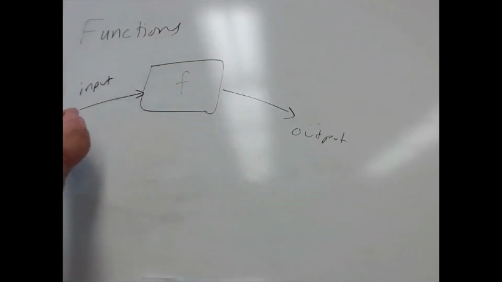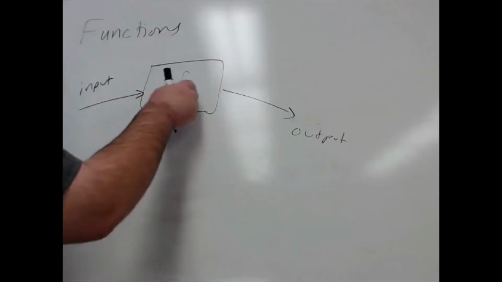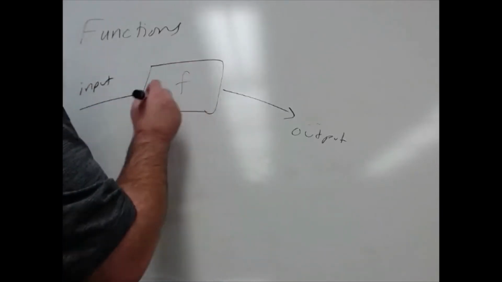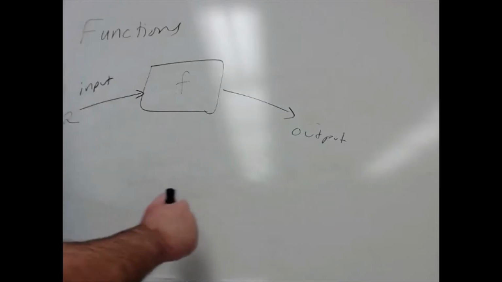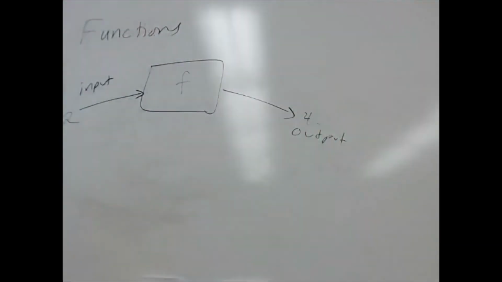So for example, if I say that f is a function that always doubles my input, then if I put the number 2 into this machine, since f doubles my input, it's going to spit out 4.